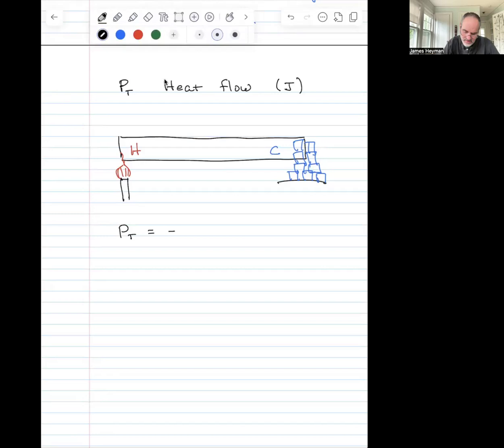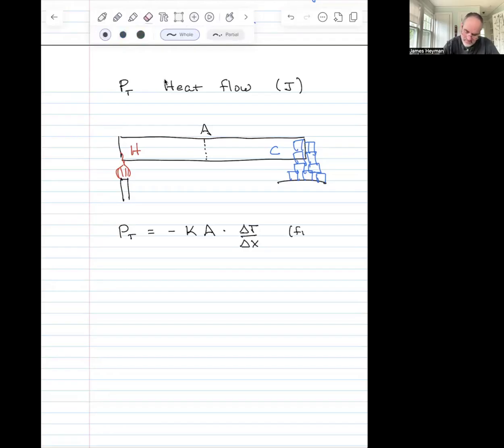Then it turns out that heat flow will be equal to the following. A constant called the thermal conductivity times the cross-sectional area of our bar times the change in temperature over the change in position. Okay?